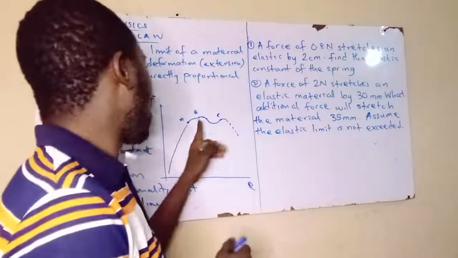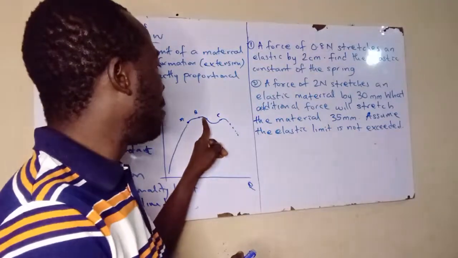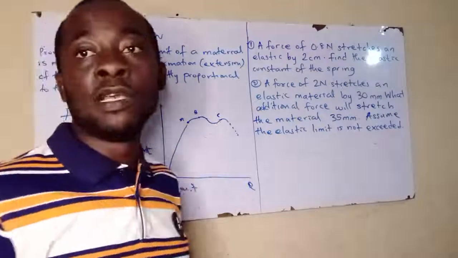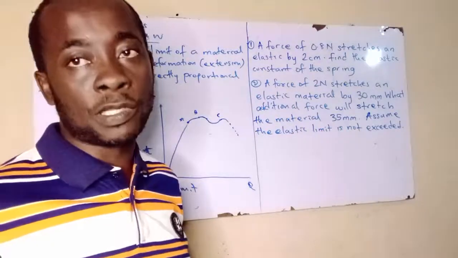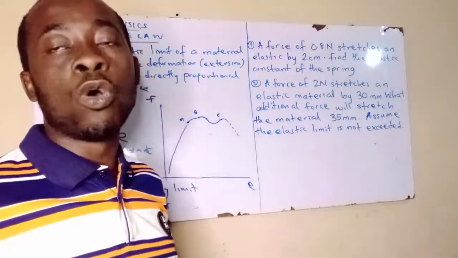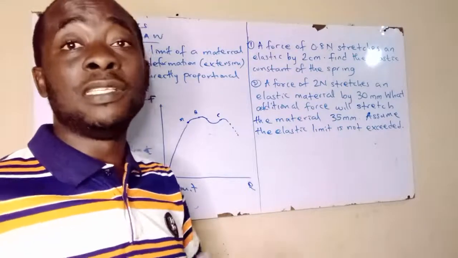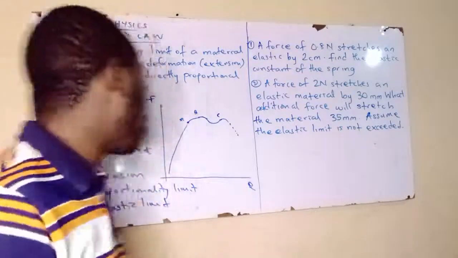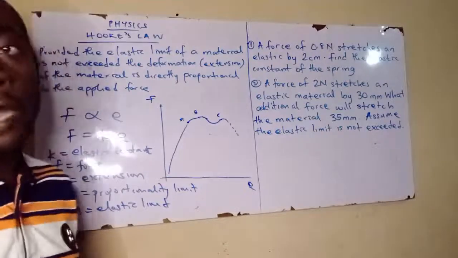Now, if we stretch it beyond B until it reaches point C, that is called the yield point. At the yield point, the material will no longer obey Hooke's law and cannot return back.